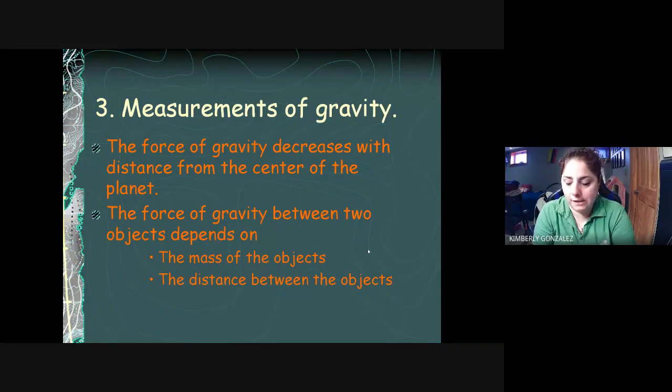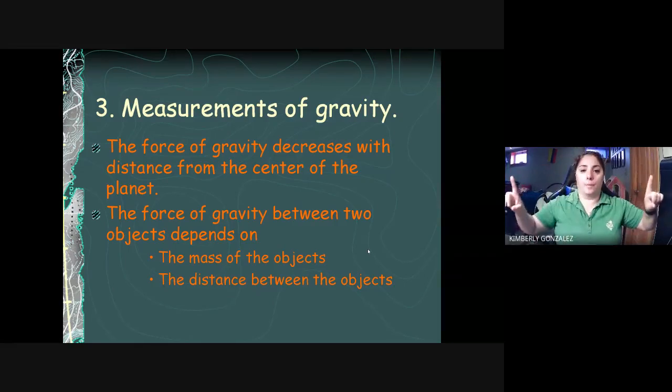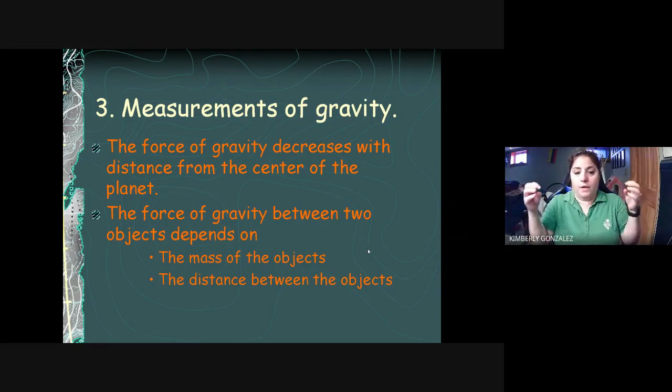So, what does gravity actually depend on? It depends on the mass of the objects and the distance between the two objects. So, if they are further apart, there's less of a gravitational pull. If they are closer together, there's more of a gravitational pull. If they are smaller objects, there's less. If they are bigger objects, there's more.